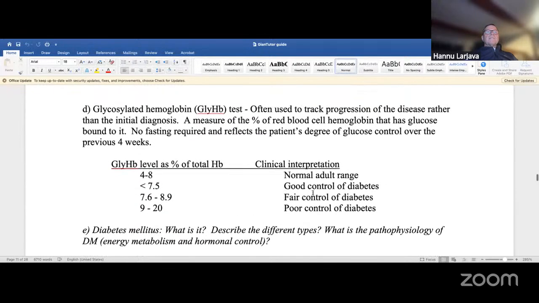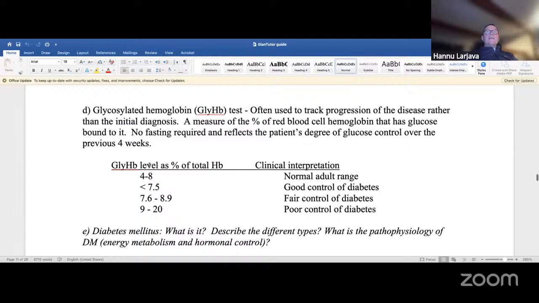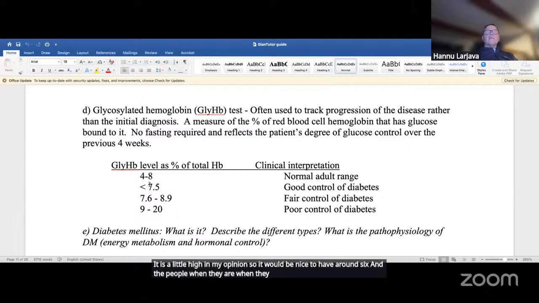And in the maintenance phase, we use the glycosylated hemoglobin levels. I mean, 8 is a little high in my opinion, so it would be nice to have around 6. And when people are getting over 7, the control may not be very good.